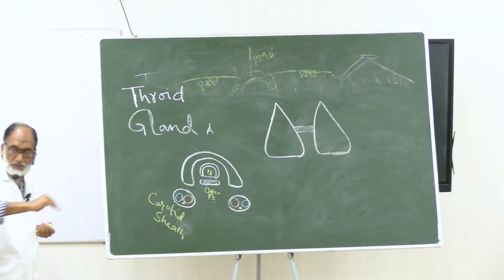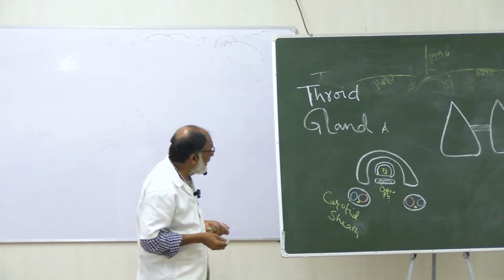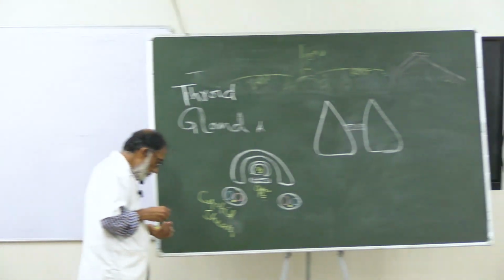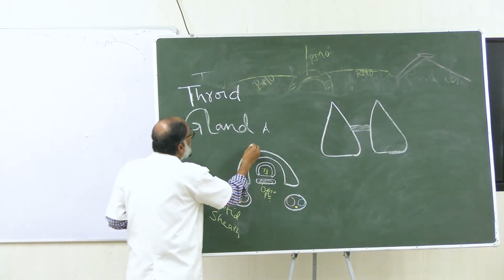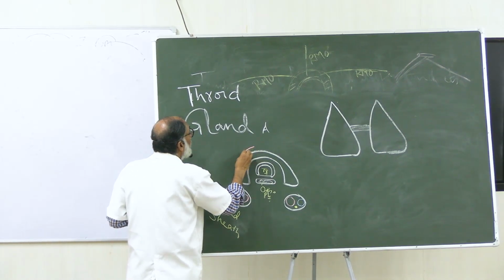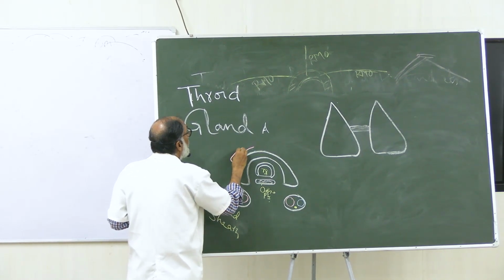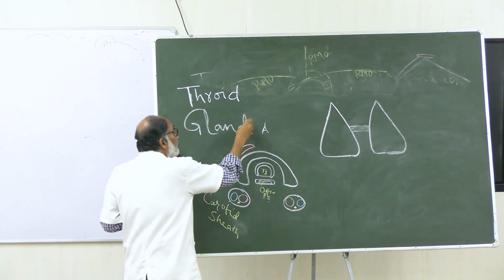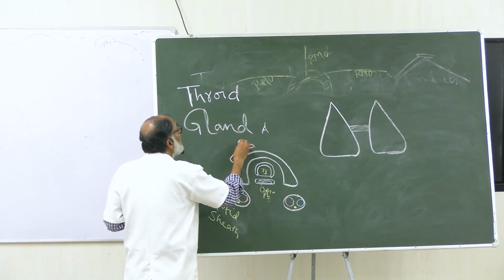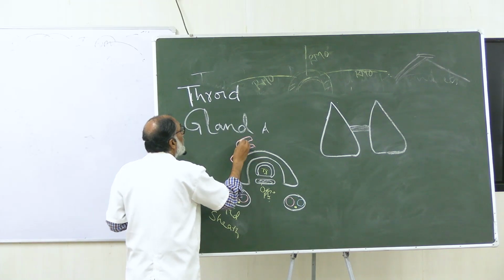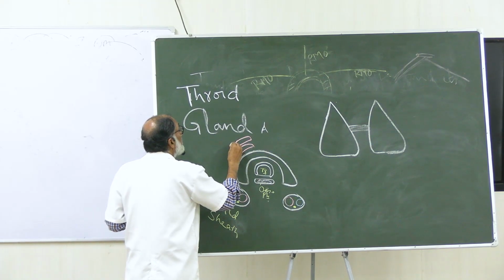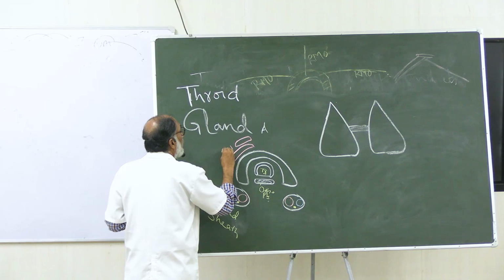On the deeper aspect lies the sternothyroid, and superficial to that lies the sternohyoid, and laterally lies the superior belly of the omohyoid.